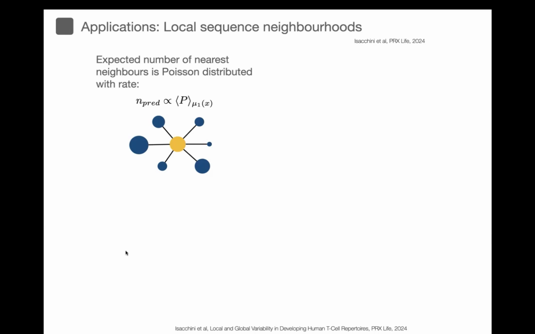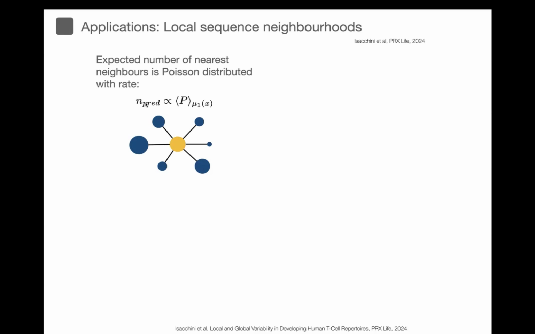And so it's not obvious that by looking at these global statistics, once you focus on a single T cell receptor or B cell receptor and look at the local sequence space, so in this case all the one-point mutations, we should be able to characterize it very well. So what we can do is just compute probabilities again. Here we are looking at our receptor sequence and at all one-point mutations, and then we compute the average probability of that.